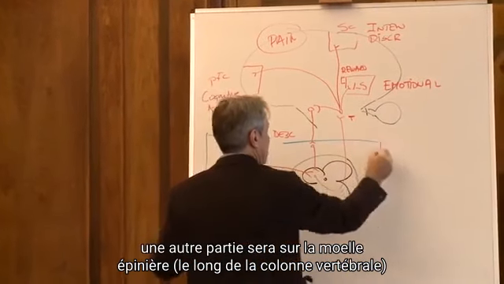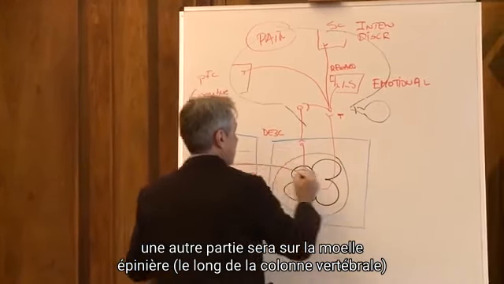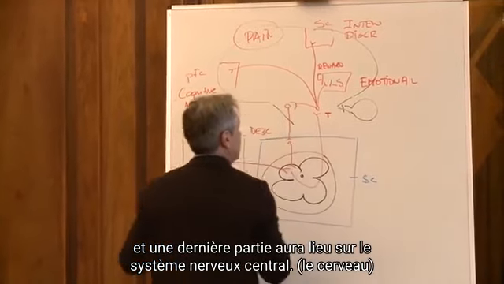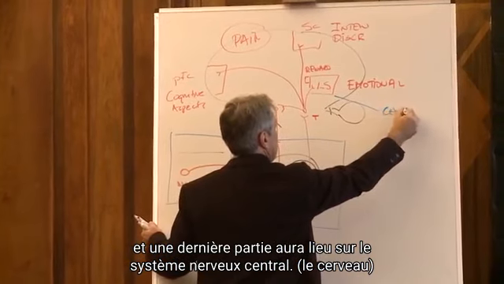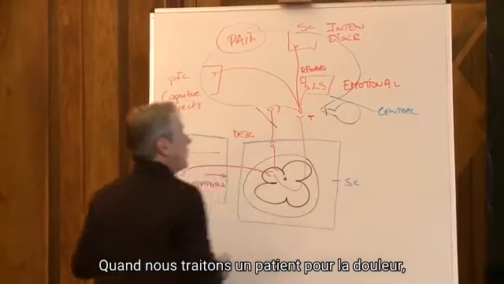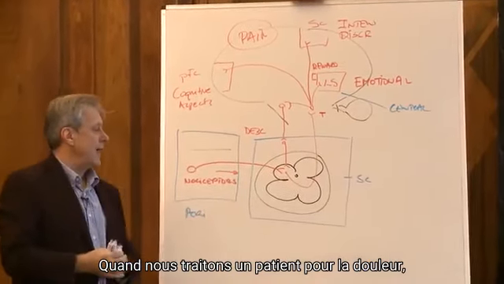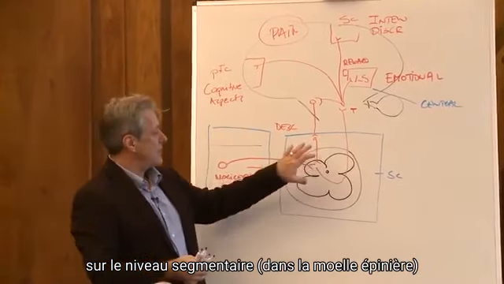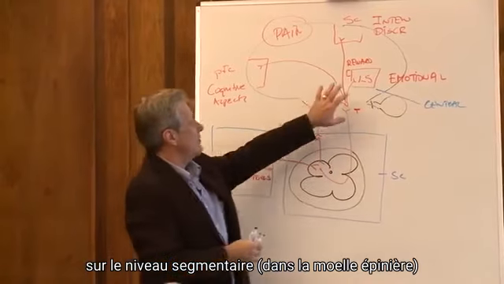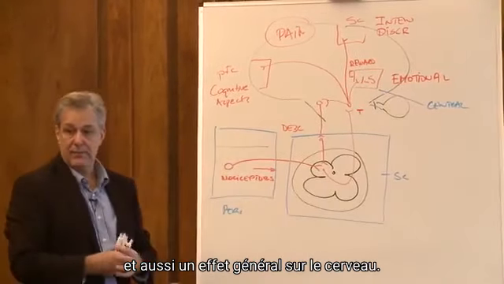Part of the effects are going to be on the spinal cord systems, and part of the effects are going to be in the central systems. So when we are treating a patient with pain, we may expect effects in the periphery, at a segmental level, and also general effects happening up in the brain.